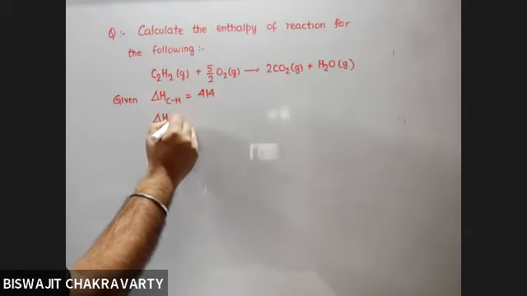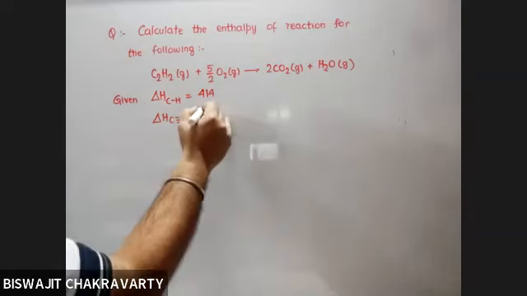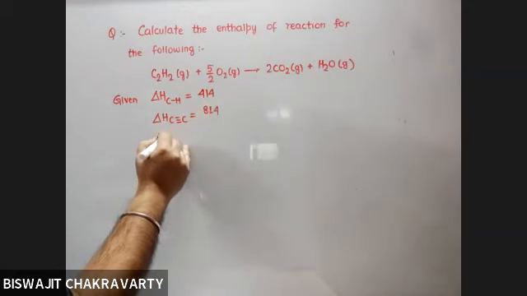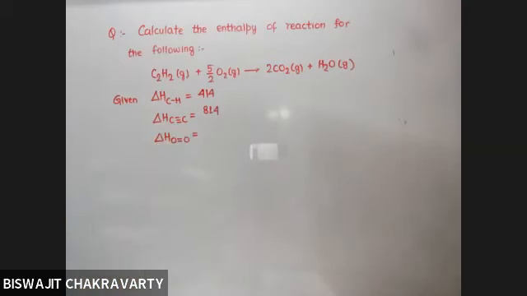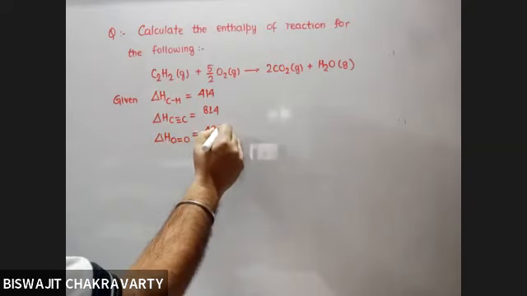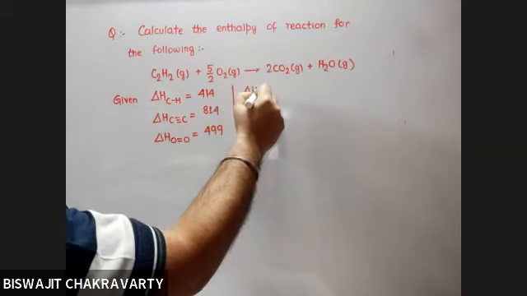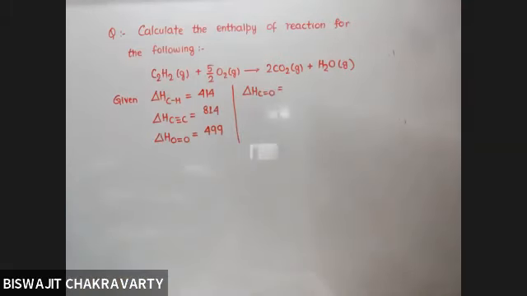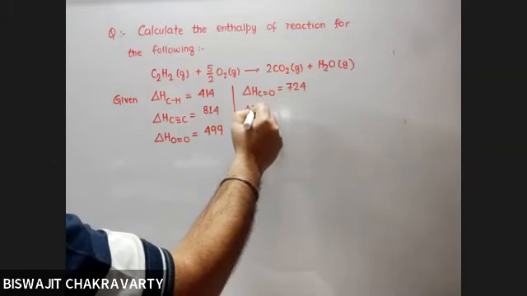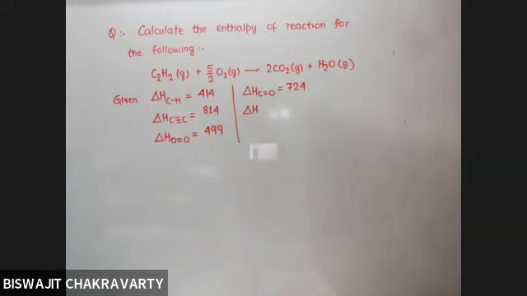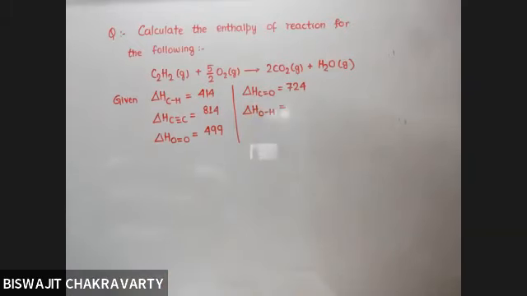Delta H C triple bond C 814, delta H O double bond O 499, delta H C double bond O 724, delta H O bond H 640.